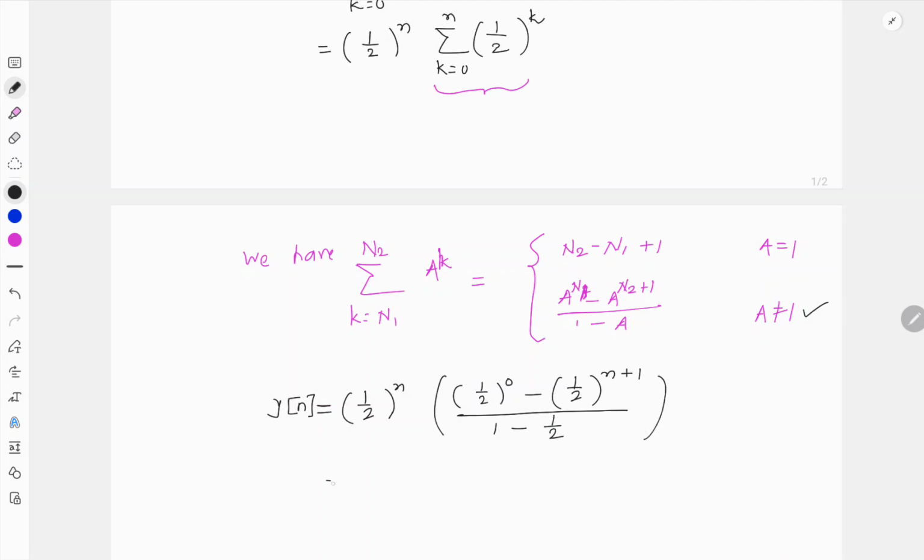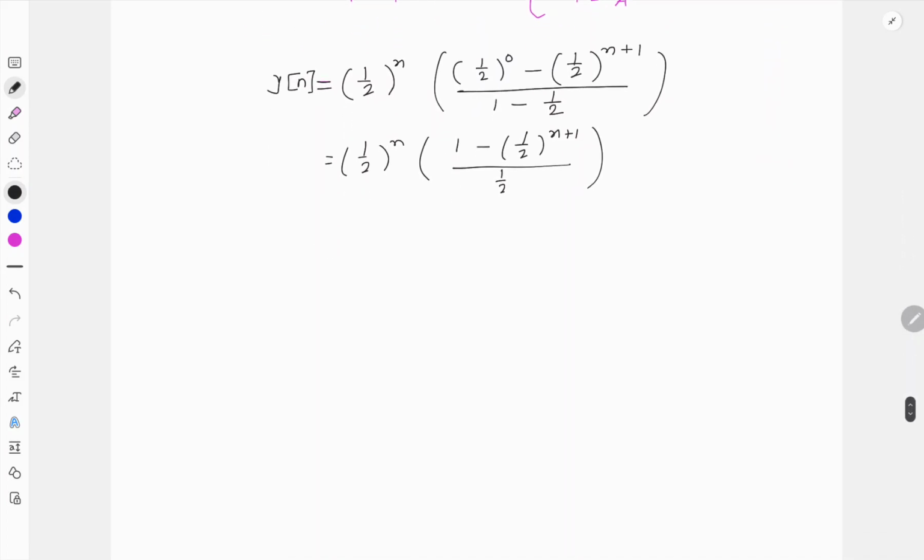So if we simplify it, we get 1 by 2 raised to n as it is. In this bracket, 1 by 2 raised to 0 is 1, minus 1 by 2 raised to n plus 1, divided by, if we subtract, 2 minus 1 is 1, so it becomes 1 by 2.